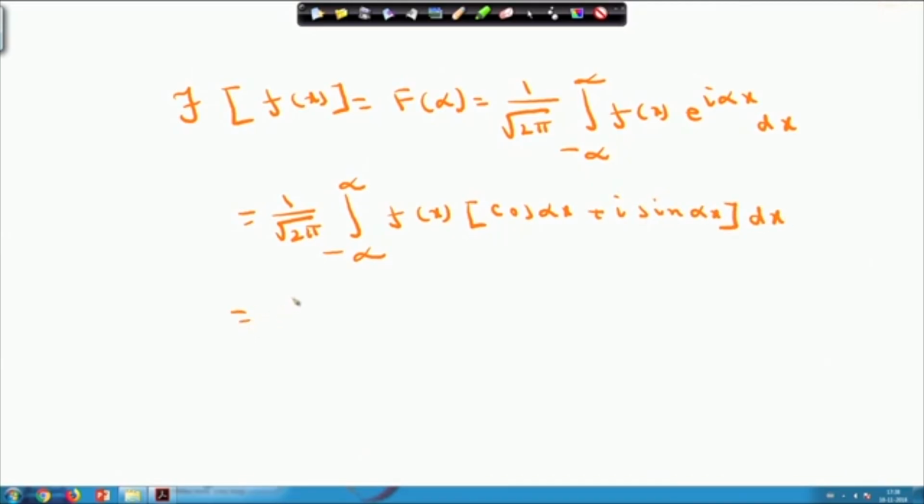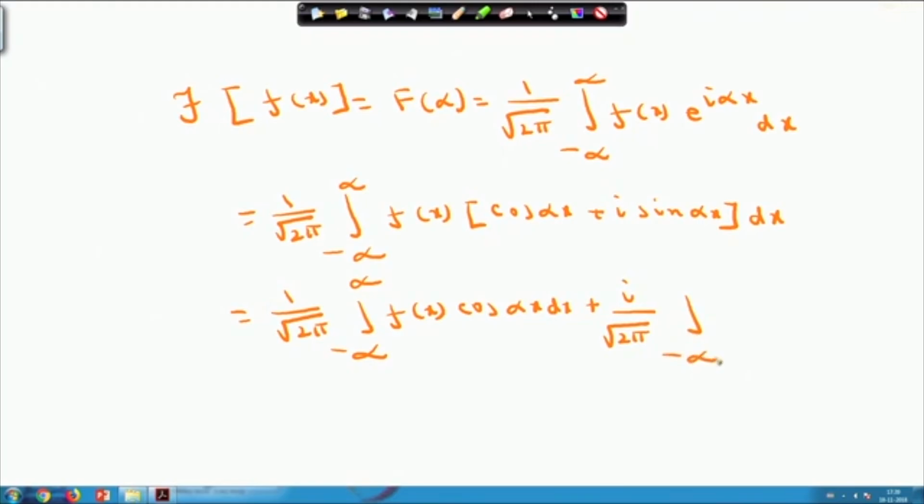If I write it separately, 1 by root 2 pi minus infinity to infinity f x cos alpha x dx plus i by root over 2 pi minus infinity to infinity f x sin alpha x dx.